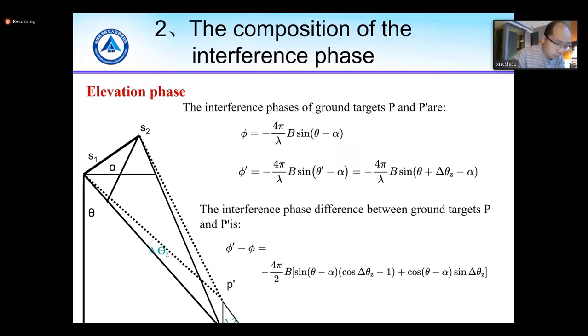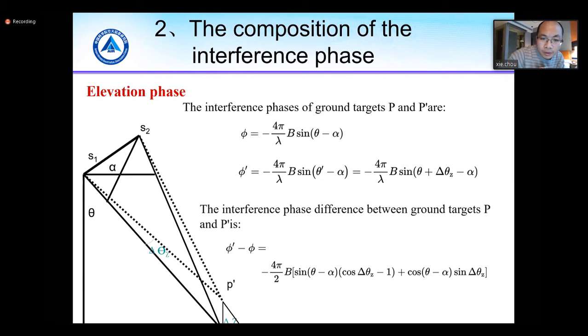Then I would like to talk something about elevation phase. Due to different elevation, the phase would also change. The interferometric phase of ground target P and reference point P can be represented by two different formulas.